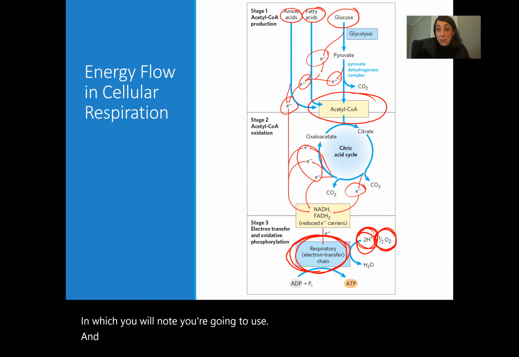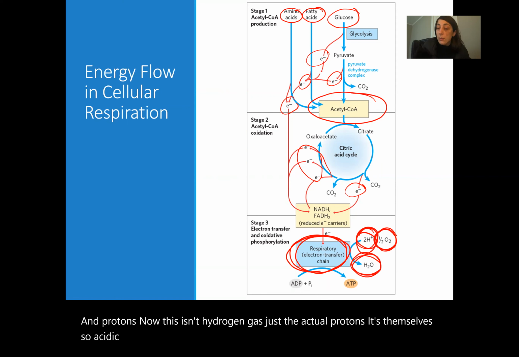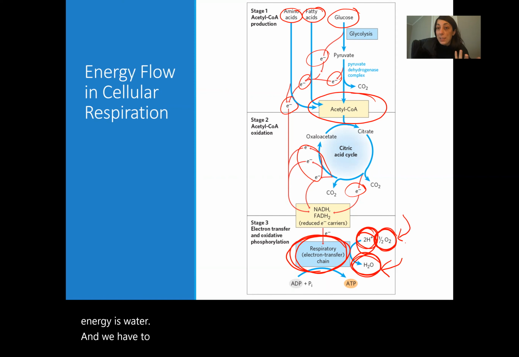Now, this isn't hydrogen gas, just the actual protons themselves, so acidic protons, to make water. So one of our byproducts to make energy is water. And we have to use oxygen. That's why we need to breathe in oxygen.